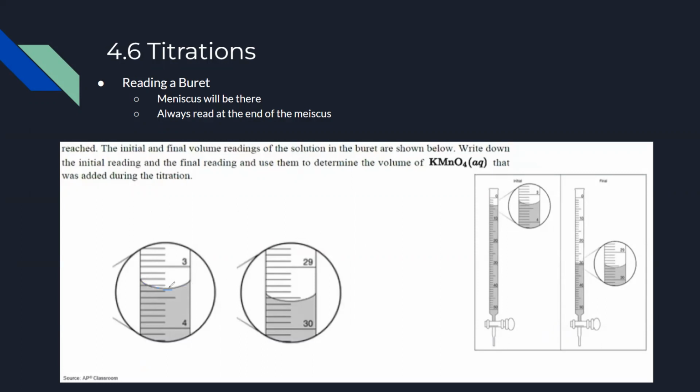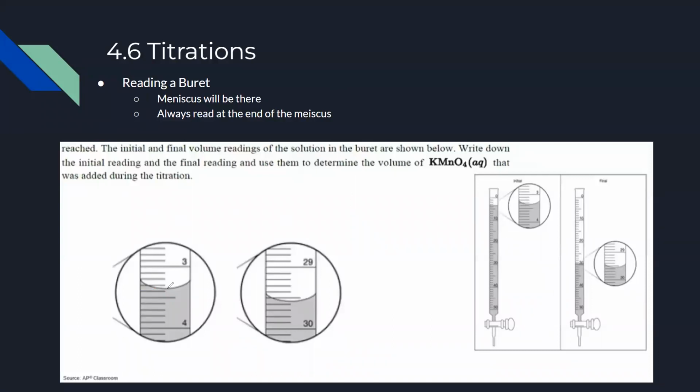It's asking us to find the amount of KMnO4 in the initial and final readings. We use the burette to find it. It goes from 3 milliliters, so 3.1, 3.2, 3.3, and it's somewhere between 3.3 and 3.4.